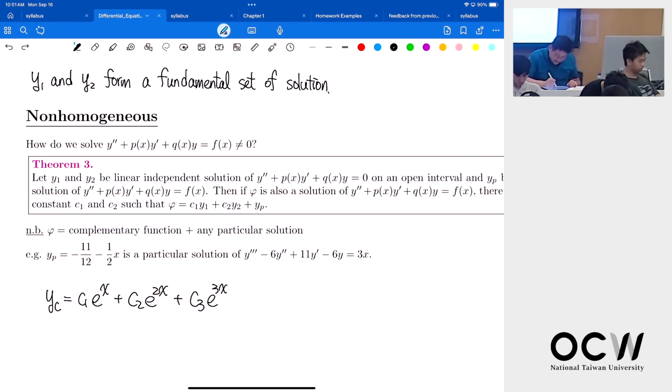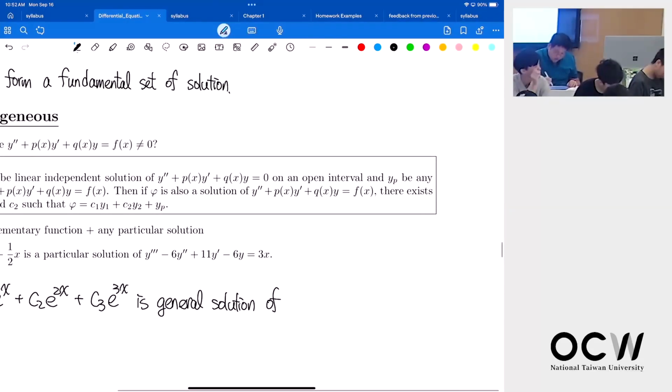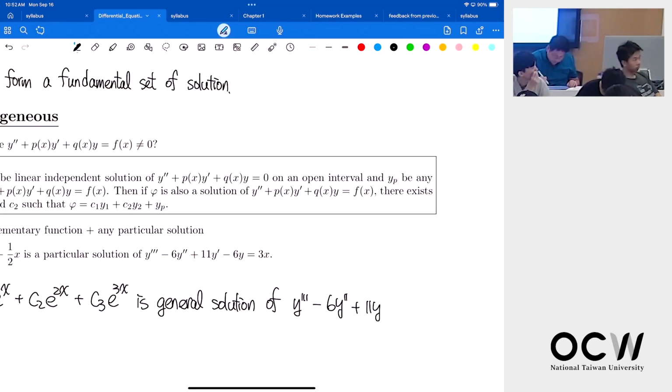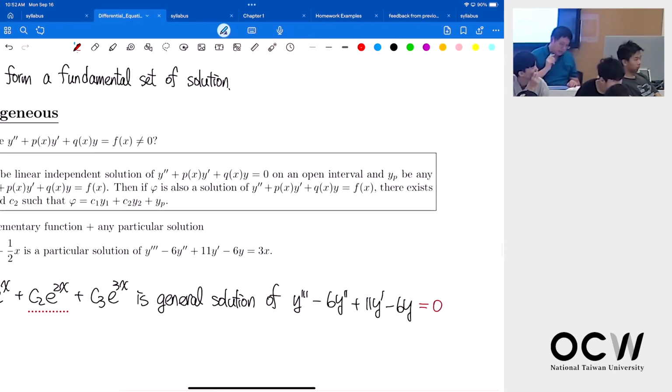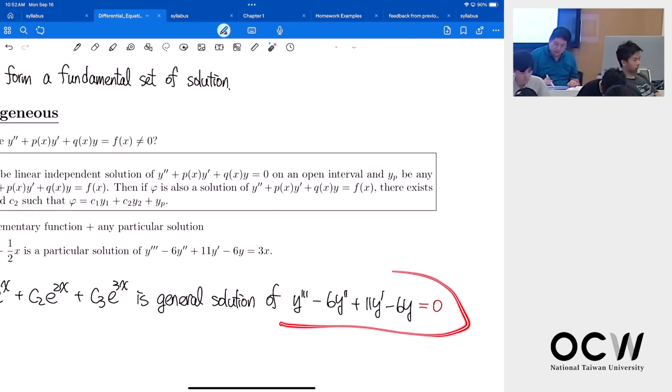If I say that this is the general solution of the homogeneous differential equation, y triple prime minus 6y double prime plus 11y prime minus 6y equal to 0, this is the general solution for this third order differential equation.